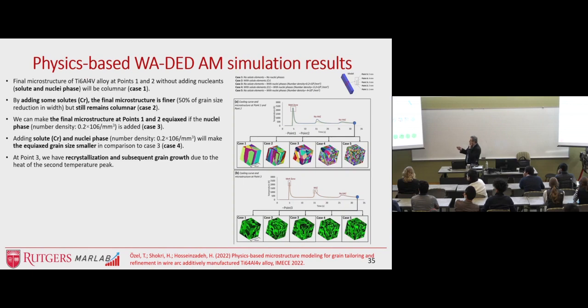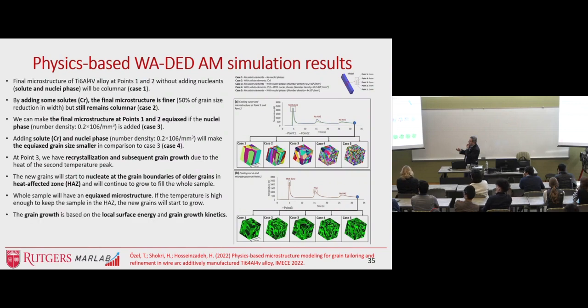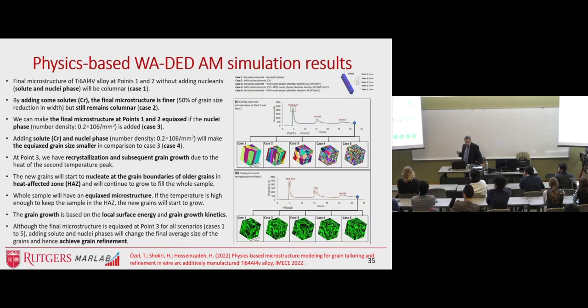And then this is case 4, and eventually by looking at the recrystallization and subsequent grain growth, and this is actually coming from the cooling curve, we can look at the obvious microstructure improvement. So grain growth is essentially based on the local surface energy and grain growth kinetics. And then the final microstructure we obtain from case 3 by grain growth and controlled grain refinement. We get very small, equiaxed grains.